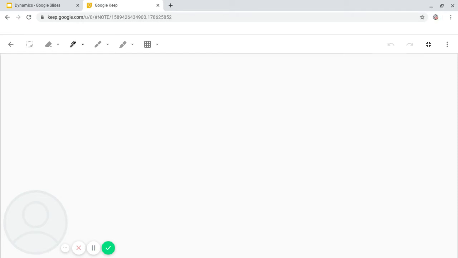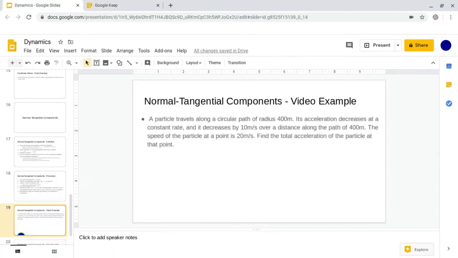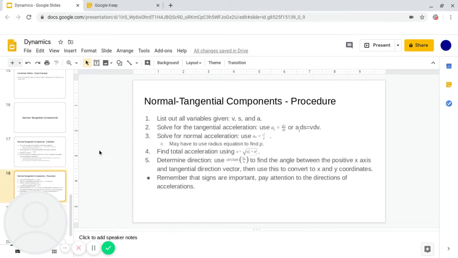So, if we go back here, we can list out the variables given. We know that rho equals 400 meters in this case.